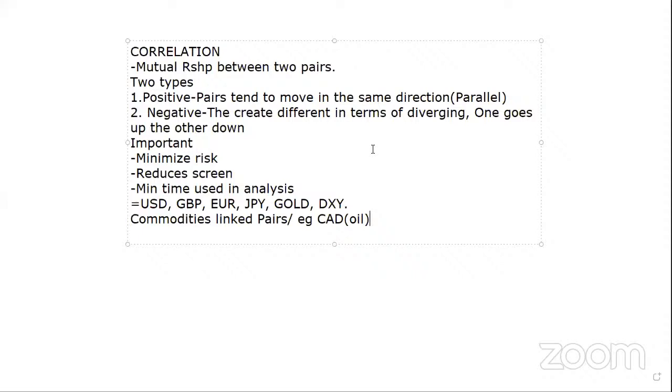When the price of commodities tends to go high, you also find the Canadian dollar gaining. So you don't need to analyze both oil and the Canadian dollar. You can analyze either. For me, I just go to oil. When I see oil buying, even without thinking, I just straight short my USD CAD. Shorting USD CAD means buying CAD, selling USD.